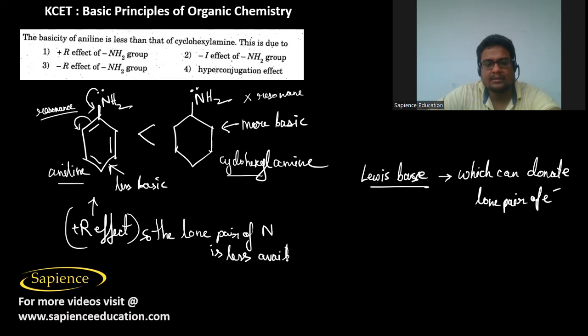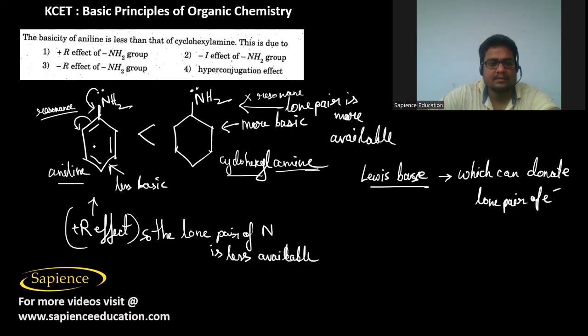On the other hand, in case of cyclohexylamine, the lone pair on nitrogen is more available since it is not taking part in the plus R effect, so it can more easily give this lone pair.